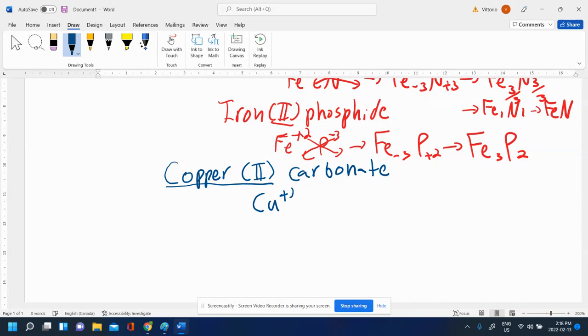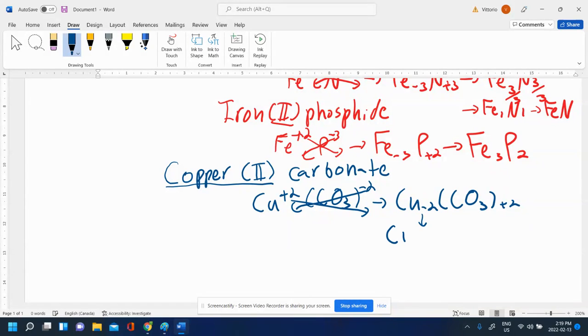So Cu +2, polyatomic ion in bracket, CO3 -2, crisscross, and I get Cu -2, CO3 +2. You can remove the charges, and you get Cu2(CO3)2. Notice the 2's can be reduced further to Cu1(CO3)1. And since you have 1's there, you can get rid of those 1's, including the bracket for the polyatomic, to get CuCO3.